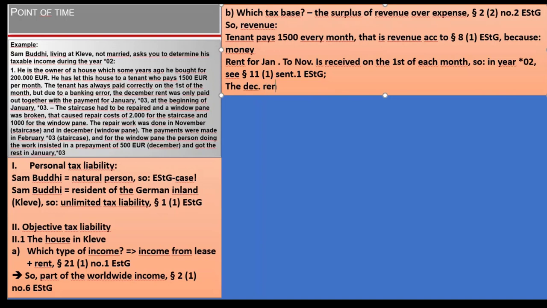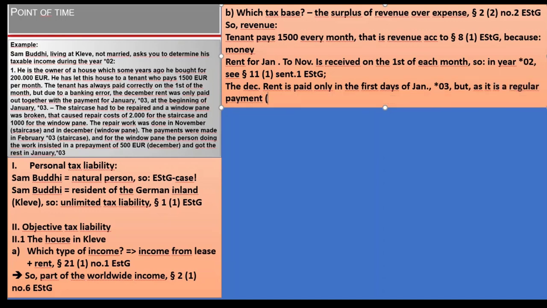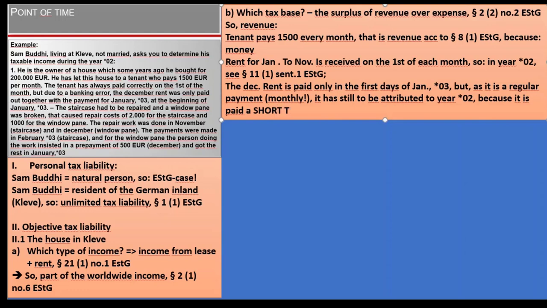The December rent is paid only in the first days of January 03, but as it is a regular payment, monthly, it has still to be attributed to year 02 because it is paid a short time after the end of this year.